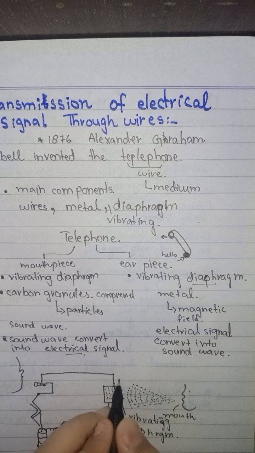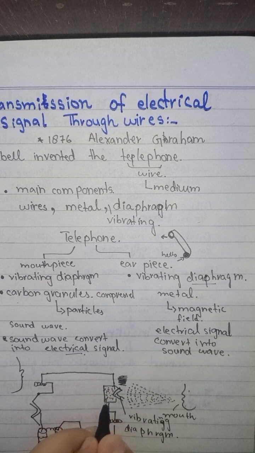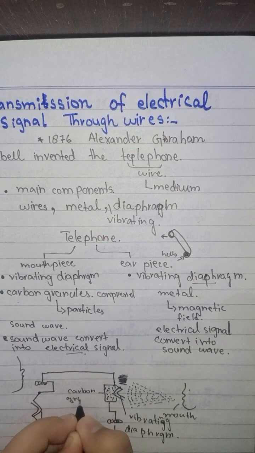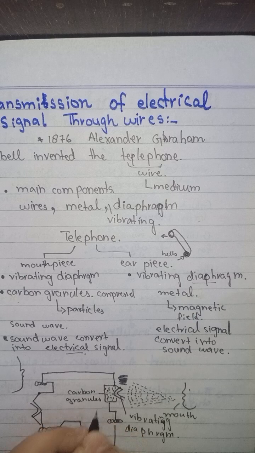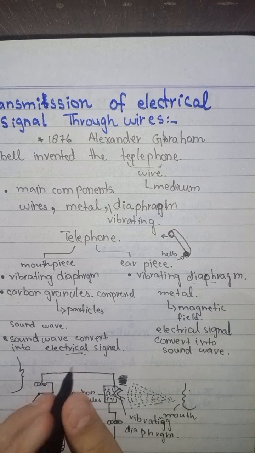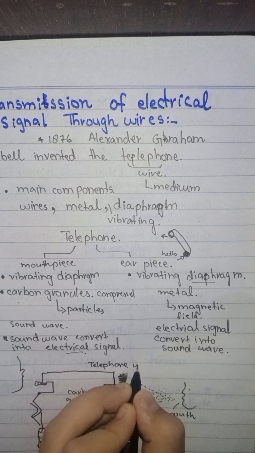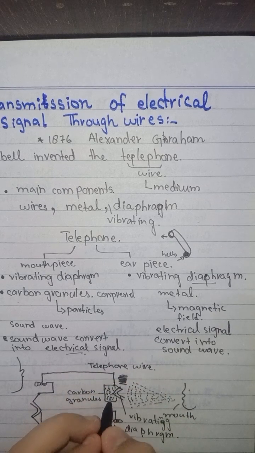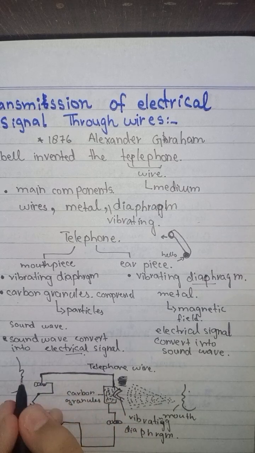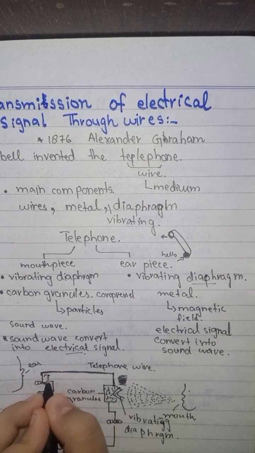So when the diaphragm vibrates, the carbon granules will be compressed. Carbon granules will be compressed, and here we have the wire, like the telephone line or telephone wire. When these granules compress, the sound goes and is converted here. This is the ear. Okay, so here that sound will be received.